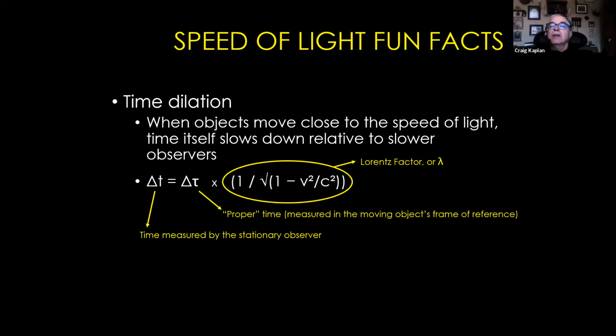As v approaches c, the Lorentz factor approaches infinity, because it ends up being 1 over 0, which is infinite or undefined. So that means for an object moving at the speed of light, v equals c, time theoretically stands still.